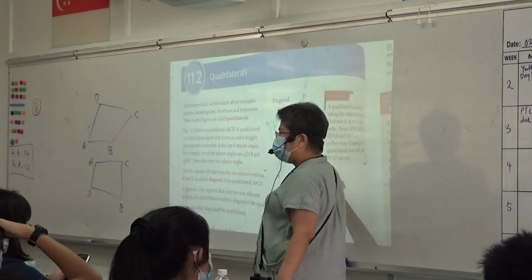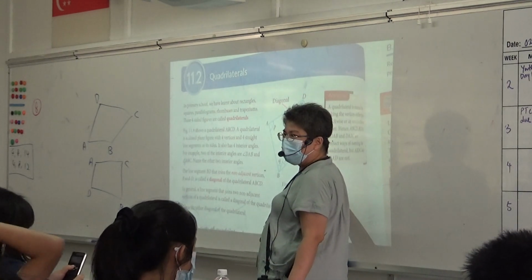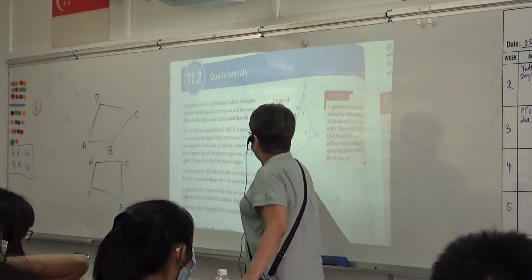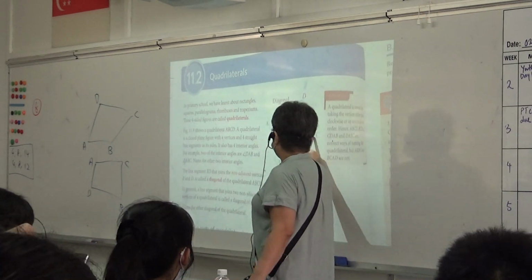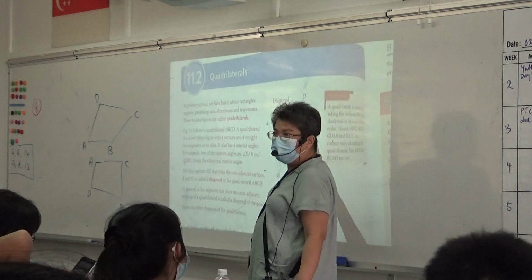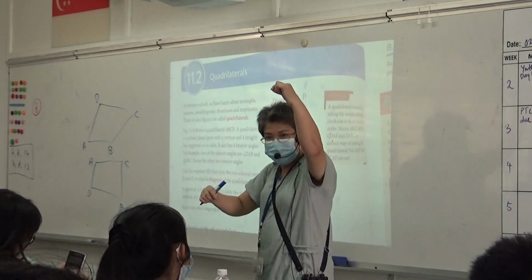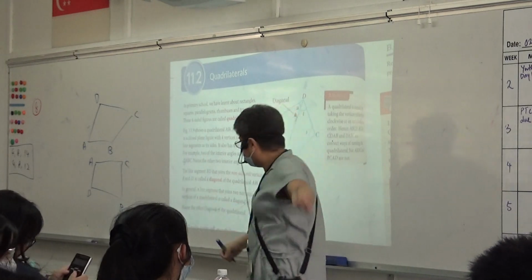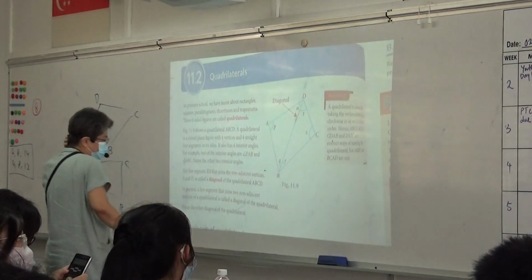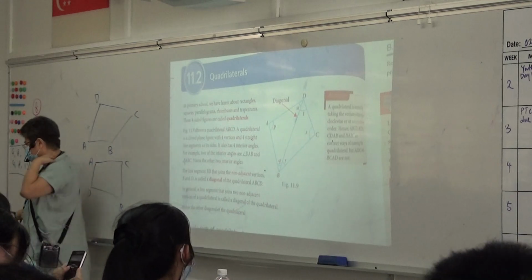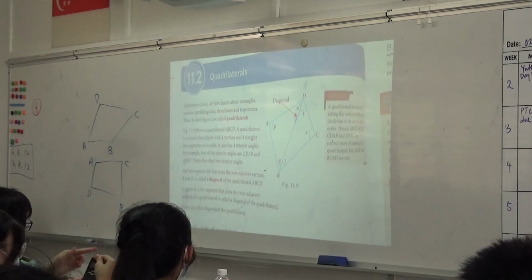Okay, what is another diagonal? Can you tell me? AC, right? Can you see that AC is also a diagonal? Okay, so they must join opposite vertices. Understand what I'm talking about? Okay? Now, so this is for the general knowledge.